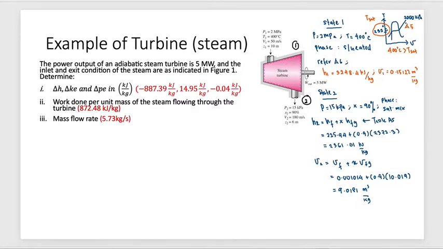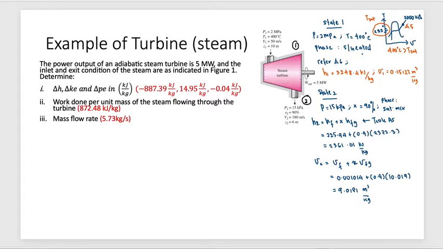So I look at table A5 and I find out that T saturated is about 233 degrees Celsius. Given here, the temperature is 400 degrees Celsius, which means the given temperature is greater than T saturated, so we know that the state is superheated.